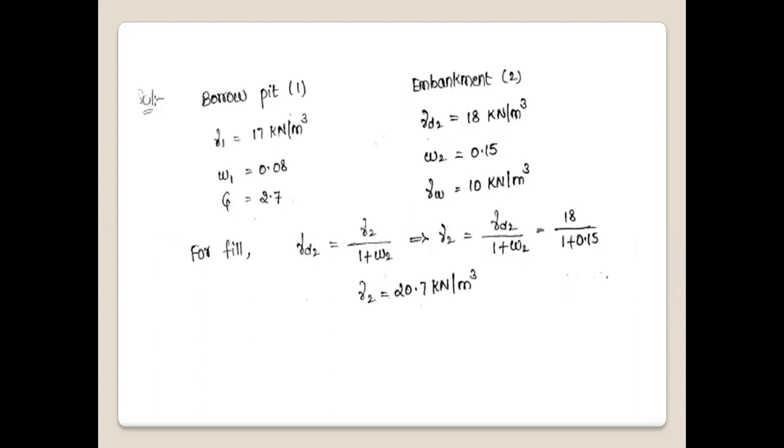Solution. Here two parts are divided: the borrow pit and the embankment. In the borrow pit, gamma 1 equal to 17 kilonewton per cubic meter.